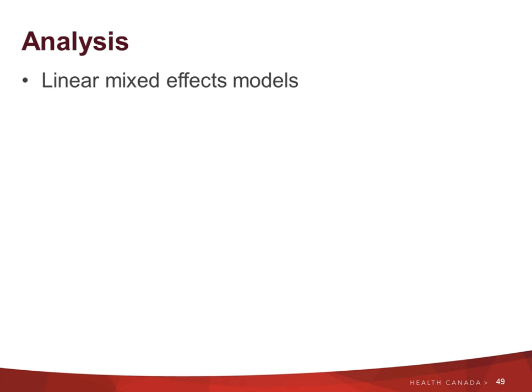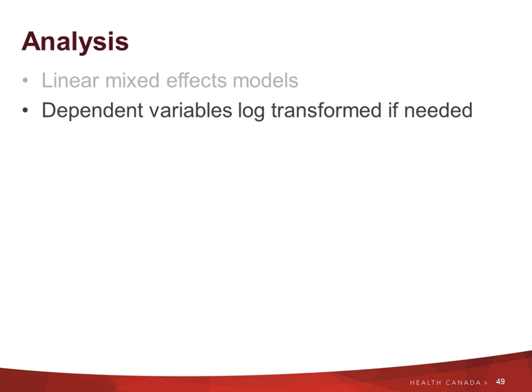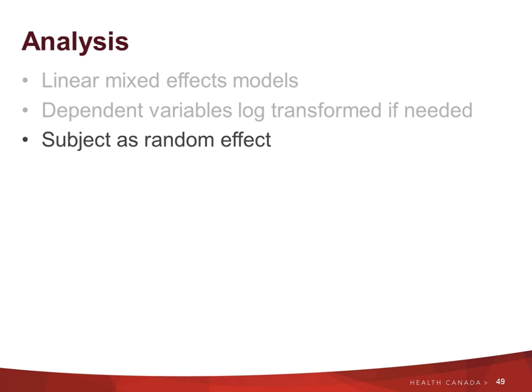So in terms of the statistical analysis, we used linear mixed effects models. And so dependent variables, so the health measures, were log transformed if needed, if the distribution was skewed. Subjects were treated as random effects, so this means that each subject was basically acting as its own control over the course of the study using the repeated measurements.